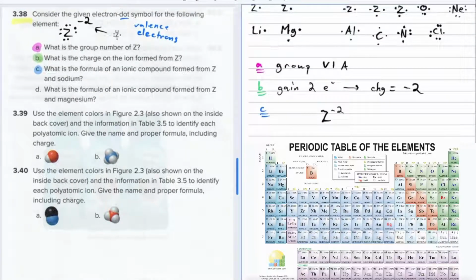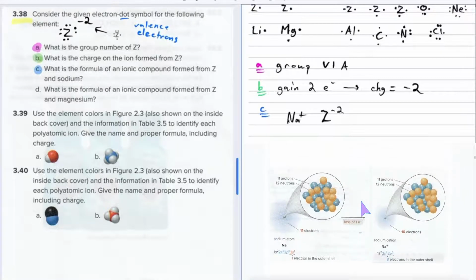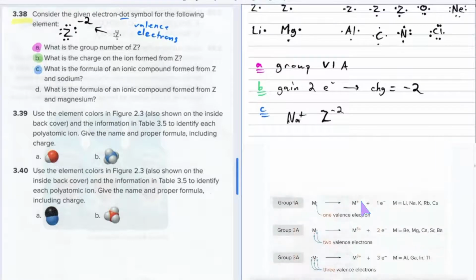Now, what charge does sodium form? Sodium's in this column over here. Okay, so sodium looks like lithium. They're in the same column. It would be easier for sodium to lose 1 electron. So sodium would have a charge of +1. And if you don't believe me, look at the periodic table on sodium.